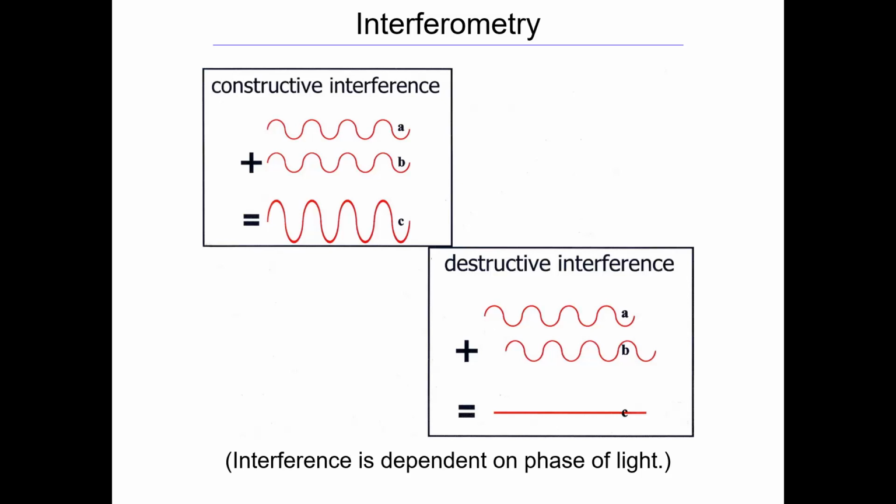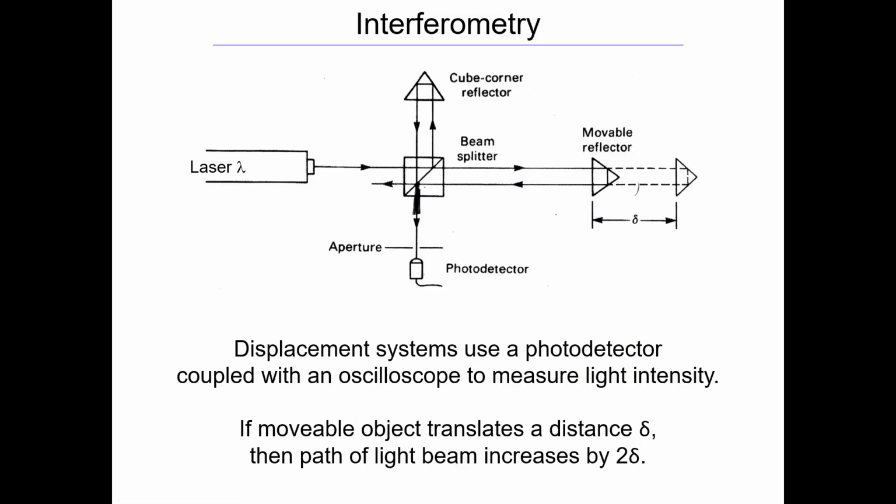But just get that concept that as one object is moving, the two are changing in phase relative to each other. So it's going to transition back and forth between constructive interference and destructive interference. So if we count those pulses, we can get the displacement based on the number of pulses. We're going to get to that in a second here.